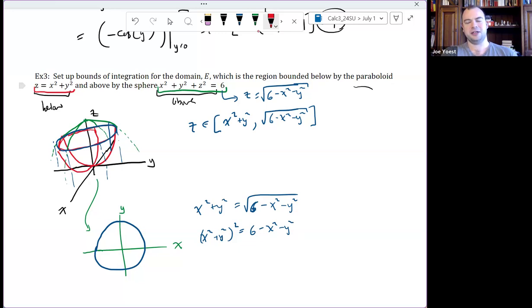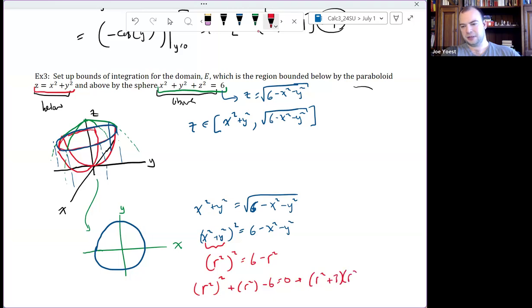I mean, we obviously have not gotten to cylindrical or spherical yet, but if I just call x squared plus y squared, say r squared, I see that I have r squared squared plus r squared minus 6 equals 0. Or I have r squared plus 3, r squared minus 2 equals 0.